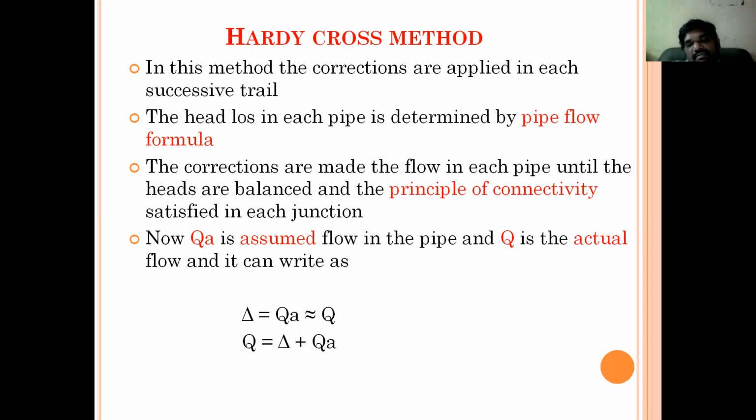So here, let us assume that QA is the assumed flow and Q is the actual flow, and we can write delta equal to Q minus QA, where Q is approximately equal to QA, a slight difference.